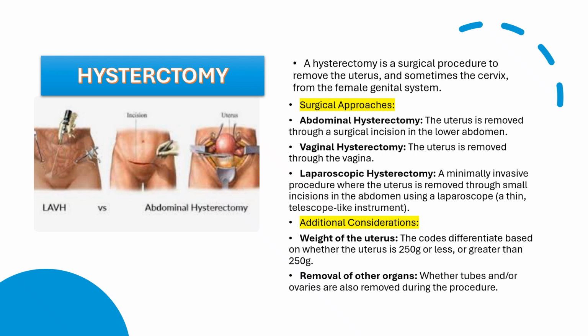So you see the codes differ depending upon the surgical approach. Secondly, even the weight of the uterus. The code differs based on whether the uterus is 250 grams or less or greater than that, and removal of other organs. Along with the uterus, are you removing the tubes, ovaries? That is also an important consideration.